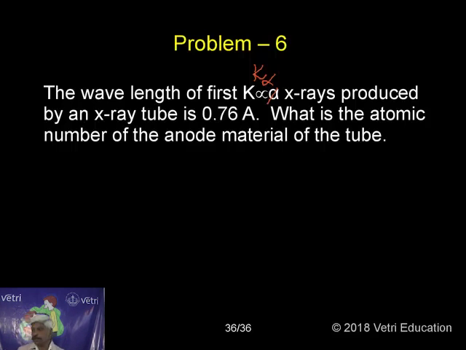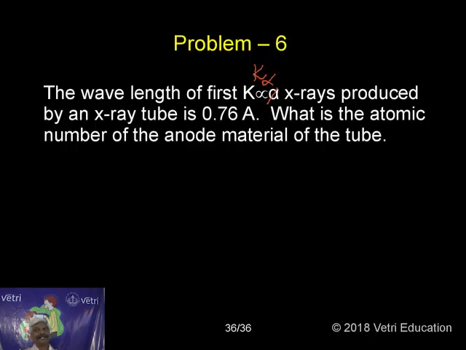Just now I told you that the characteristic X-ray tells the material of the anode. Whenever a fast moving electron is suddenly stopped by any metal or target, the outcoming rays are X-rays. The target material must be chosen to withstand high temperature, because when the fast moving electron suddenly stops, it produces heat.